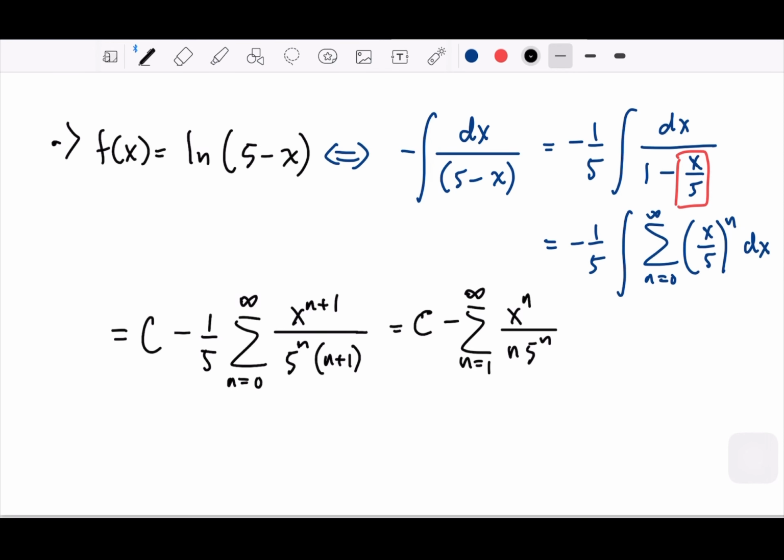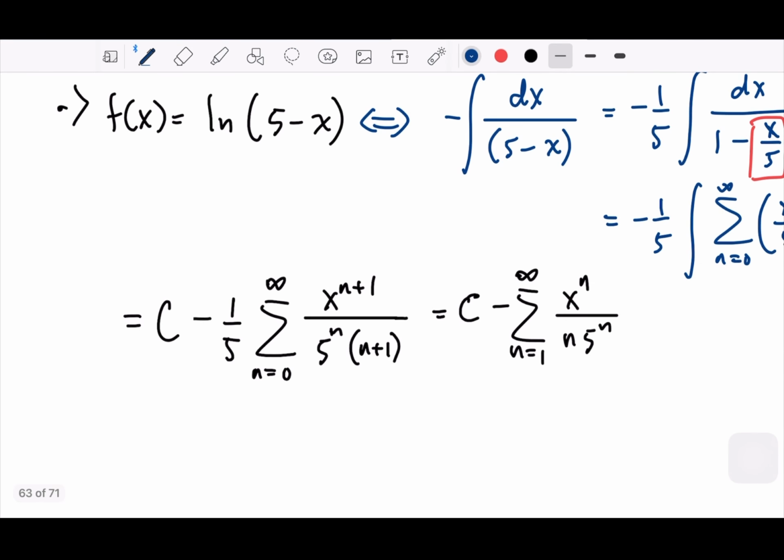Okay. Now we can check the c, the constant. We check if we put x equals 0, we get c will be equal to ln 5, which means that this will be ln 5.